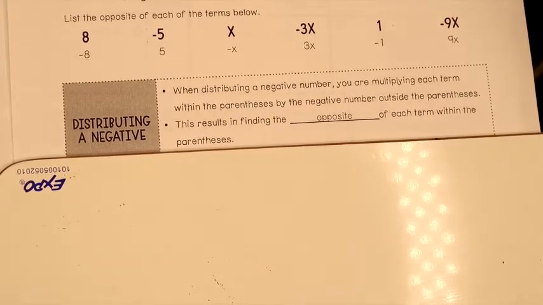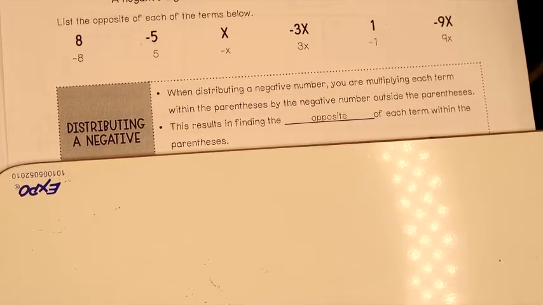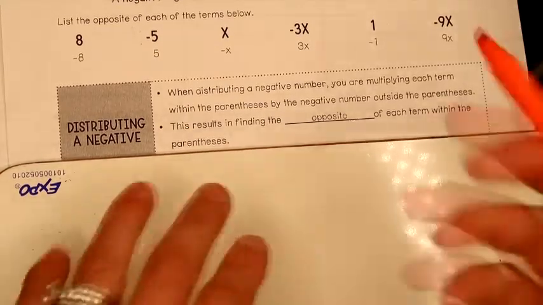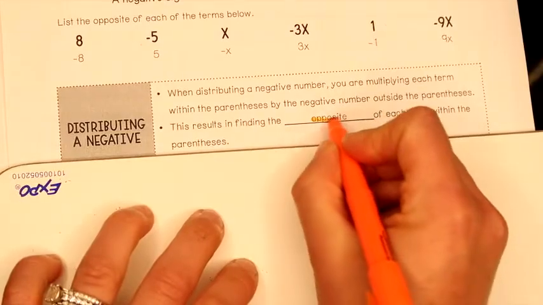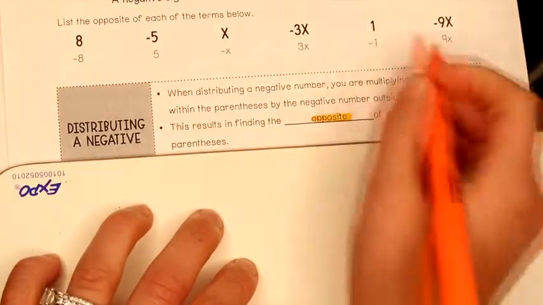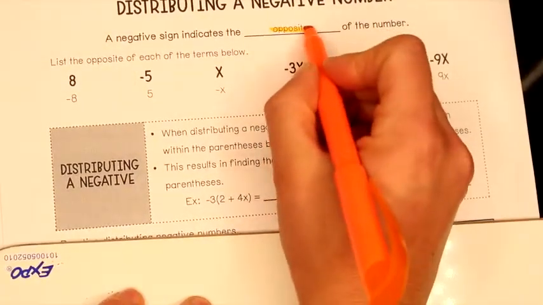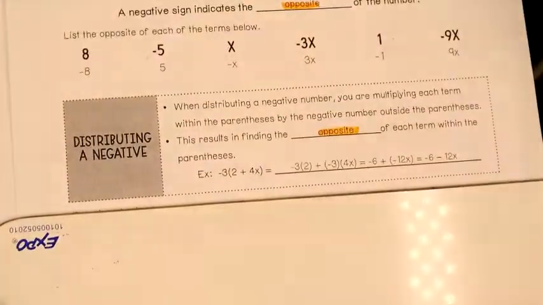This results in finding the opposite of each term within the parentheses. Now take a moment, please, and fill in the blank, which is the word opposite. Okay, and then remember the top was also opposite. So we have two opposites.